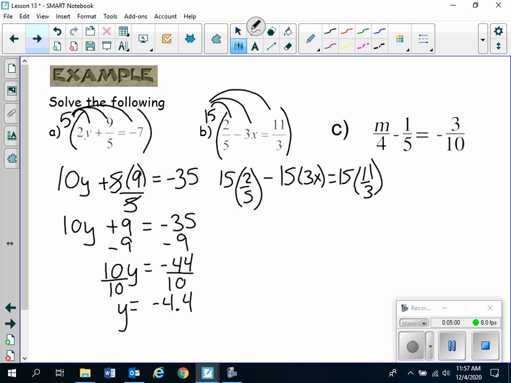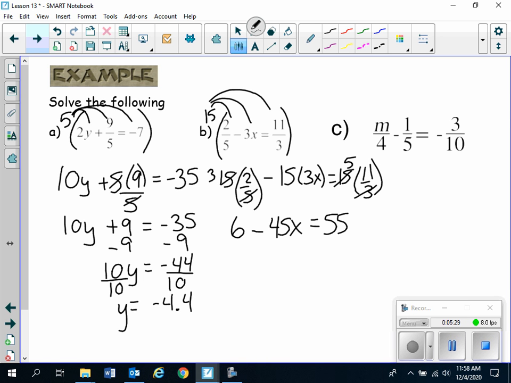We're going to simplify our equation. So 15 divided by 5 is 3. 3 times 2 is 6. 15 times 3 is 45. And this 15 divided by 3 can simplify to 5. This 3 goes into 15 5 times. 5 times 11 is 55. Now I have my two-step equation.